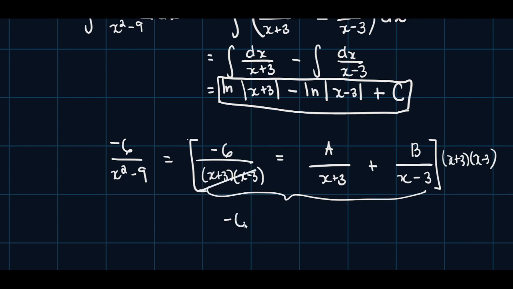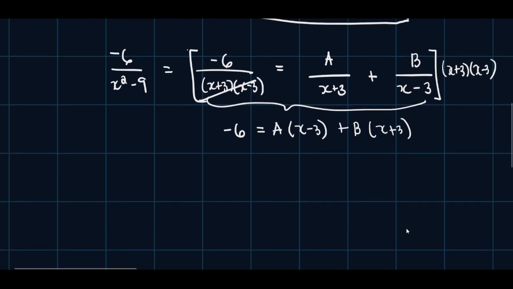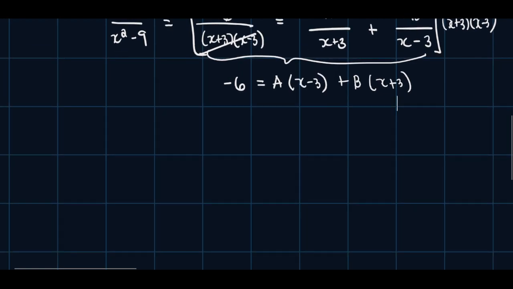So, negative 6 is equal to A times, may matitira tayong x minus 3 dito, and then plus B times, may matitira tayong x plus 3 dito. Okay, from here, gagamit tayo ng concept known as comparing coefficients.